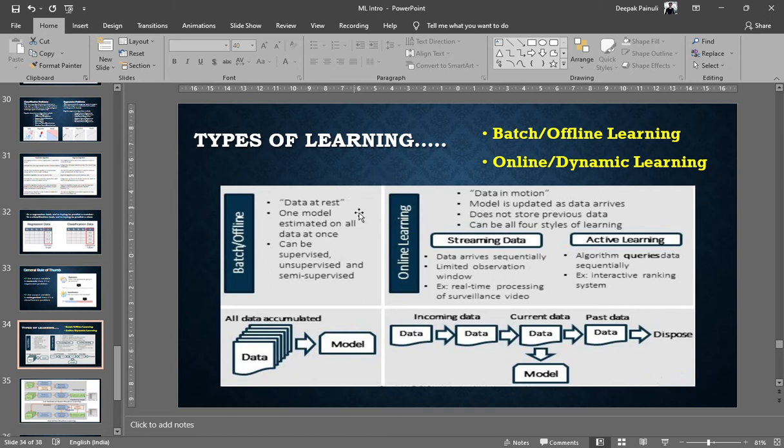You can see in the image, the first point in batch or offline learning is data at rest. It means the data we have with us in hand. It is not present in online mode, it is present in your system, and you are going to train your model on that particular data only. The second point is one model estimated on all data at once.